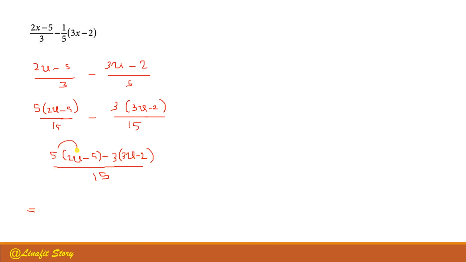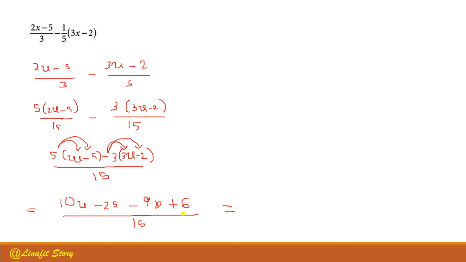So this is 5 times 2x is 10x. 5 times negative 5 is negative 25. Negative 3 times 3x is negative 9x. Negative 3 times negative 2 is positive 6 out of 15.